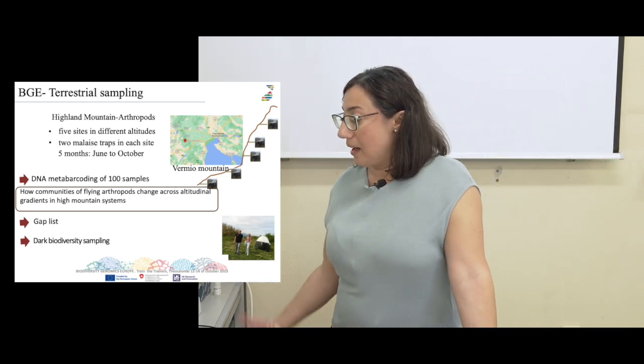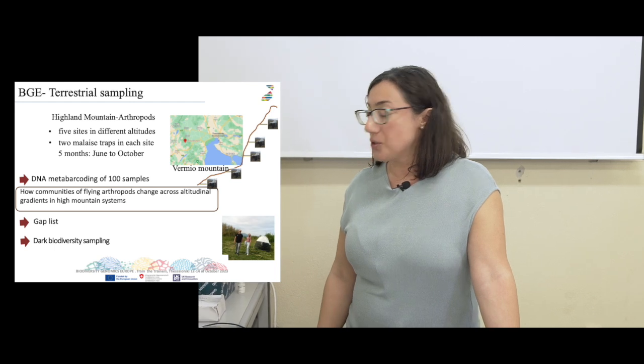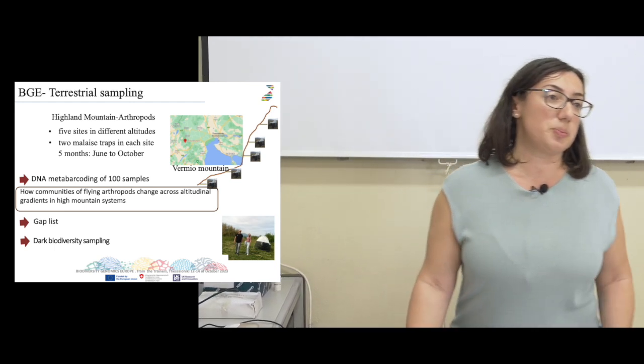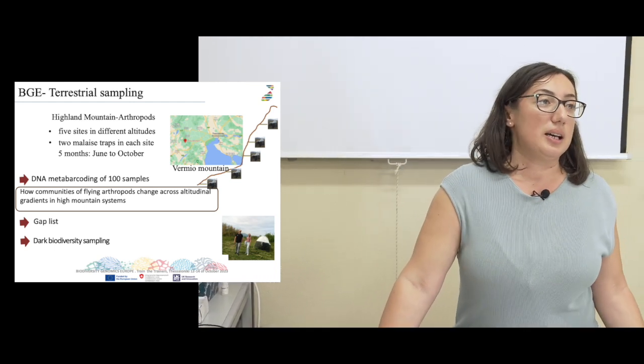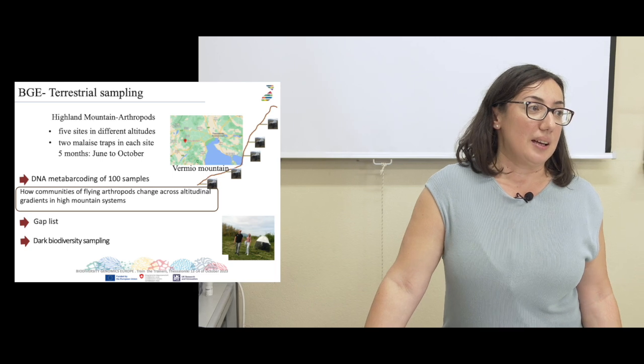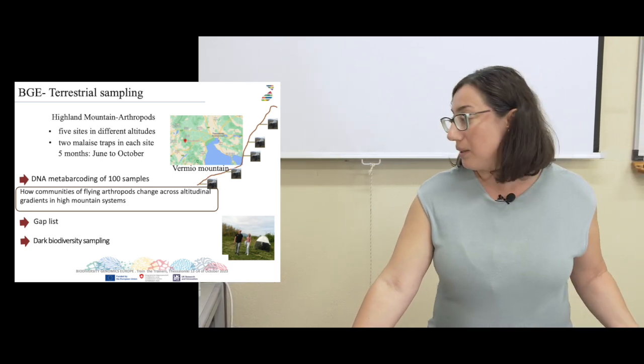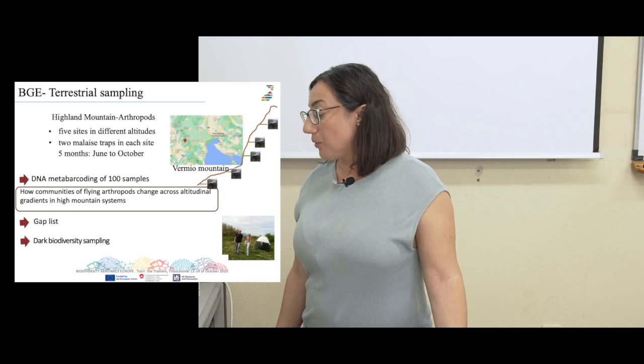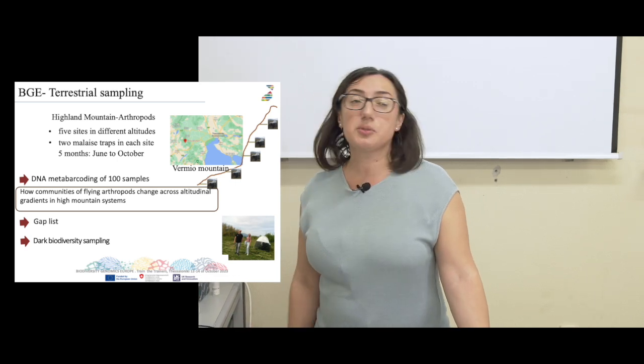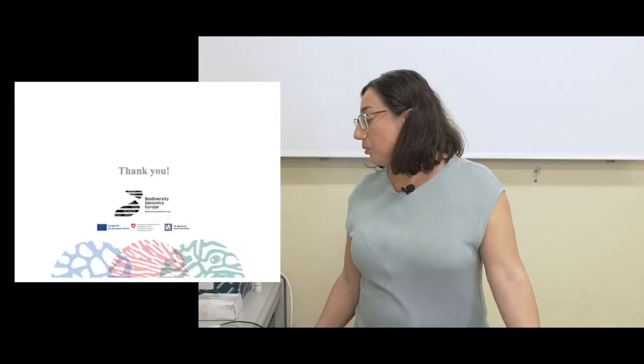And the other bottle of the other Malaise trap is going to be checked for species that may be used for filling in the gap list of DNA barcoding. And of course, some samples are going to be sent to SAGE for eDNA biodiversity sampling.